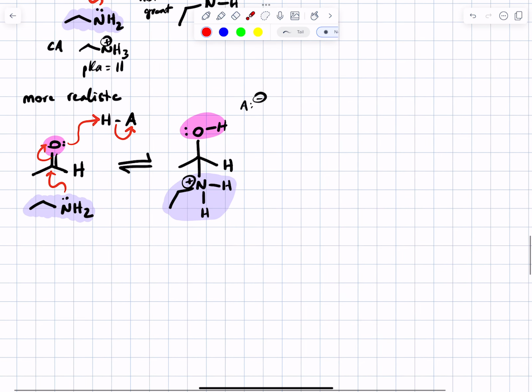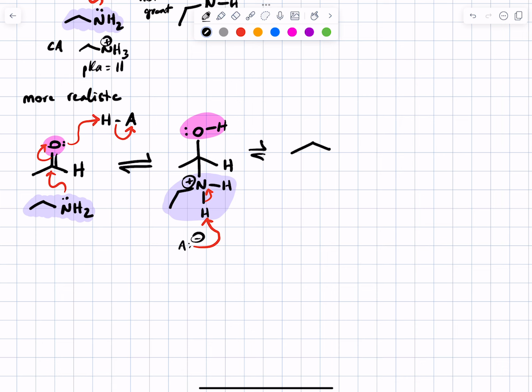let's think about, what if this conjugate base, instead of going back, removed a proton from the nitrogen, which is positively charged. If that happened, that would get us to this intermediate, which is neutral.